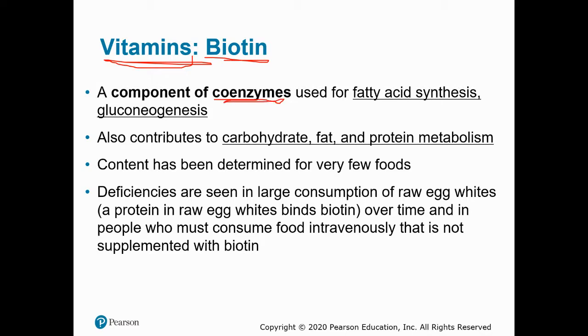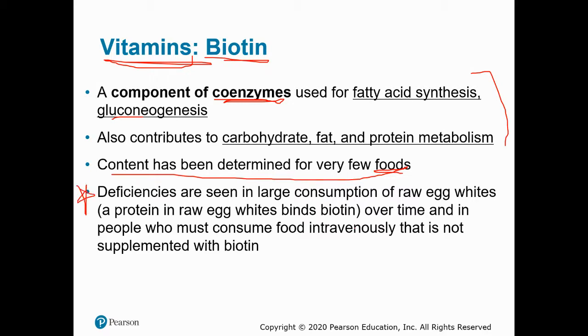So biotin also supports or becomes part of different coenzyme systems used primarily in metabolism. So fatty acid synthesis, gluconeogenesis, and then metabolizing our 3 macronutrients. As I said, a relatively newly discovered nutrient, so the content in various foods is not well known yet.